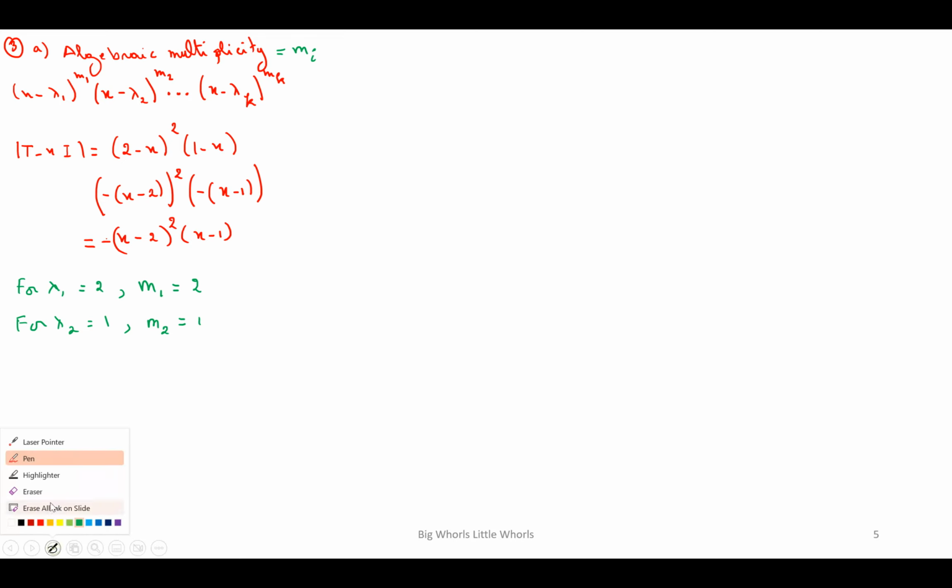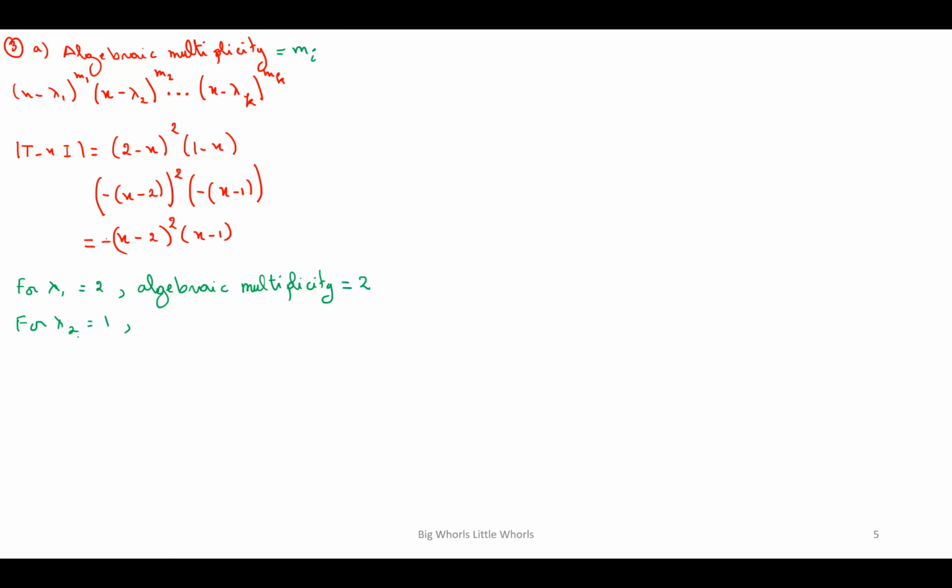Let me write it in full so that we don't get confused with the subscripts. The algebraic multiplicity is equal to the power of x minus 2, which is 2.